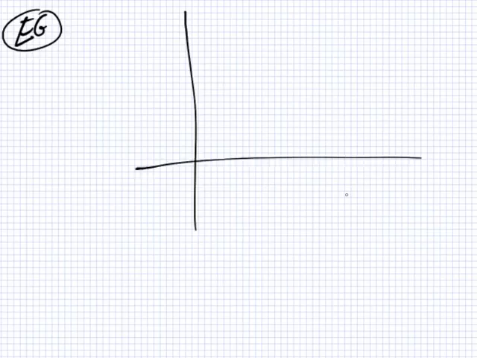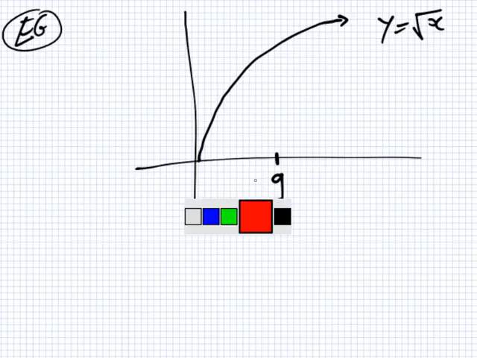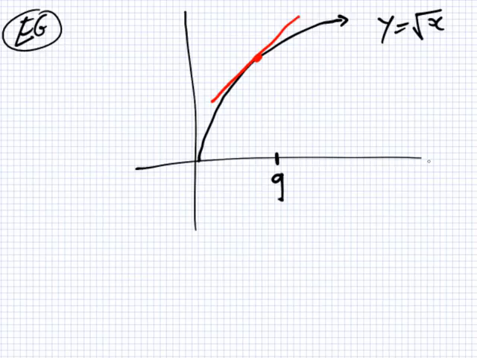Here is the curve y equals root x, and then here is the point, we'll make it nice for you, we'll make this 9. So what I want everybody to do for me is get the tangent line at the point 9. So here we go, that's the x and that's the y. Okay, try this please.